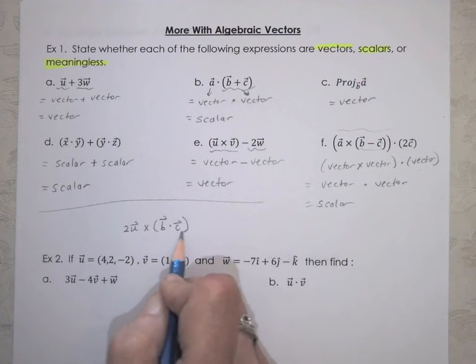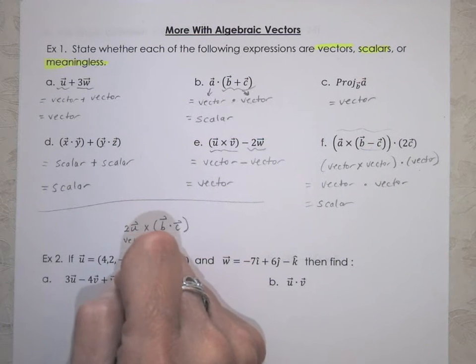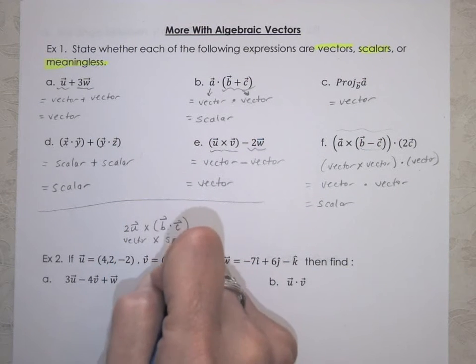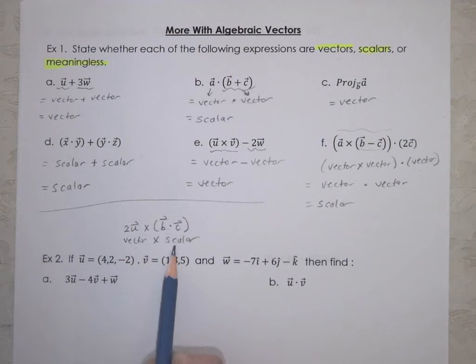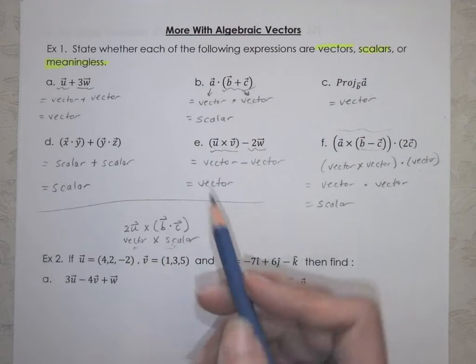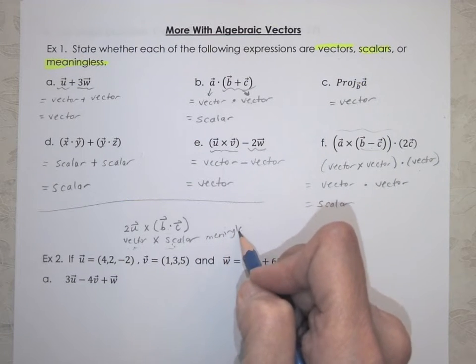The brackets say I have to do the dot product first, so that would be a vector crossed with a scalar, because when you do the dot product of two vectors, you get a scalar, and that's impossible. You can't cross a vector with a number. You can only do the cross product of two vectors, so this would be an example of something meaningless.